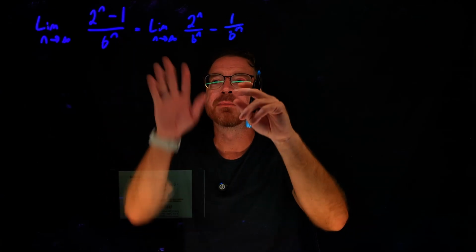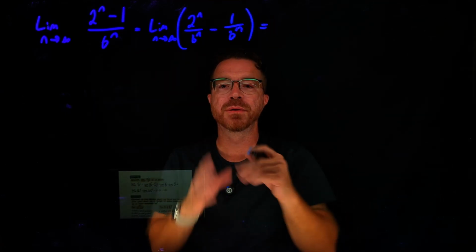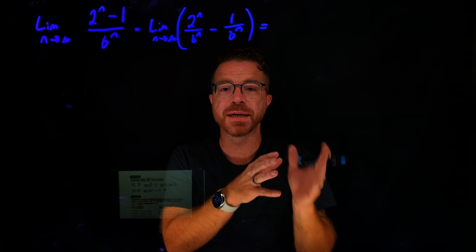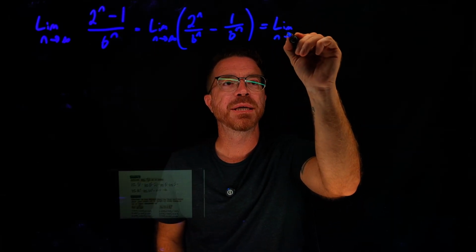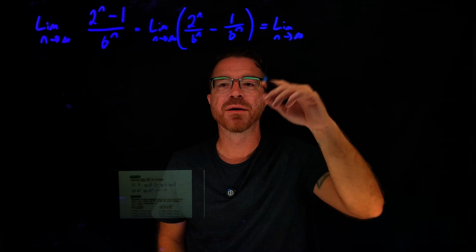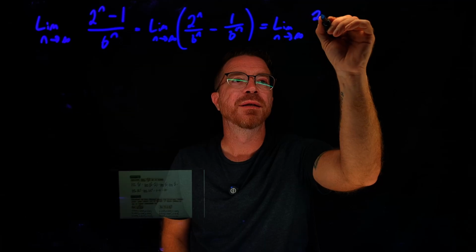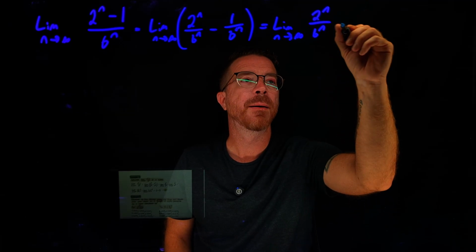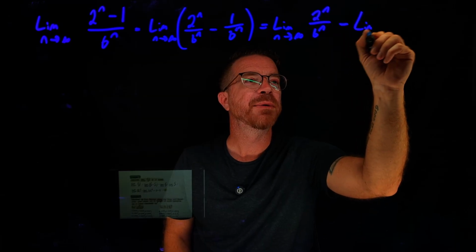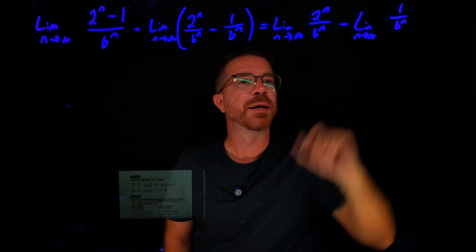And then what I'm going to do is take the limit of both of these terms individually. So remember, the limit of a plus b or a minus b became the limit of a plus the limit of b, or the limit of a minus the limit of b. So in this case, this would be the limit of 2 to the n over 6 to the n minus the limit as n approaches infinity, 1 over 6 to the n.